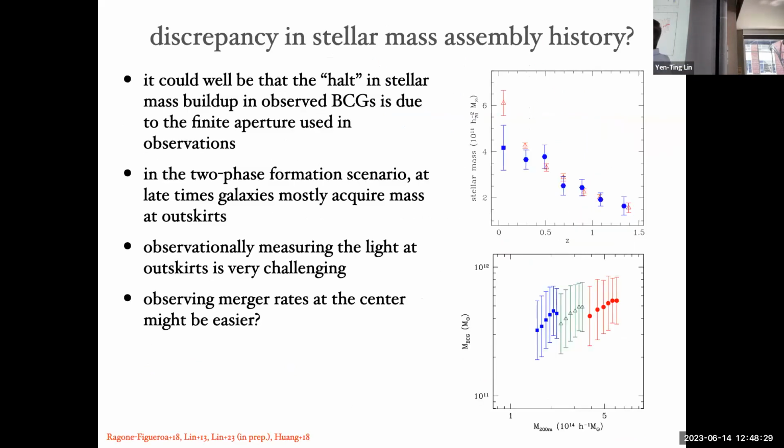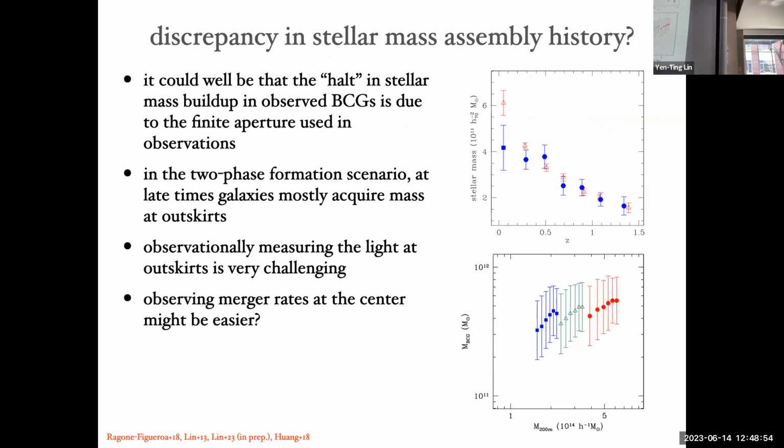It could well be that the halt in the stellar mass growth of BCGs may be due to the finite aperture used in observations. Nowadays, massive galaxies are believed to form in a two-phase fashion. In the first phase, a starburst creates a dense compact galaxy.